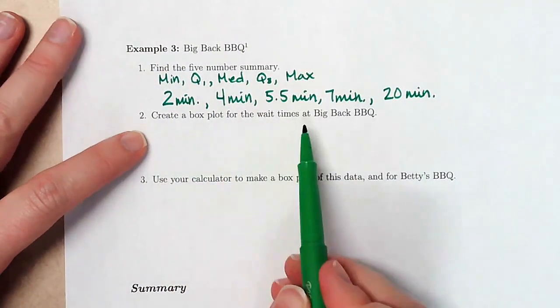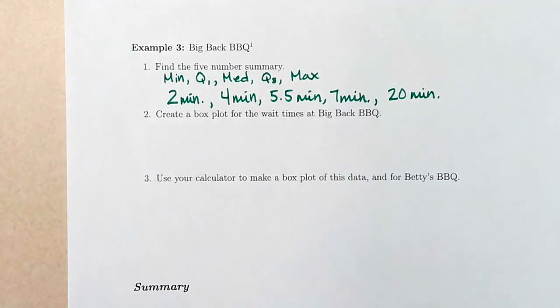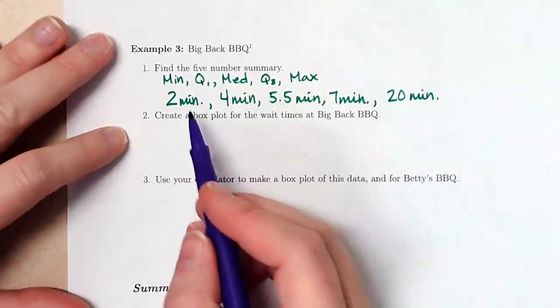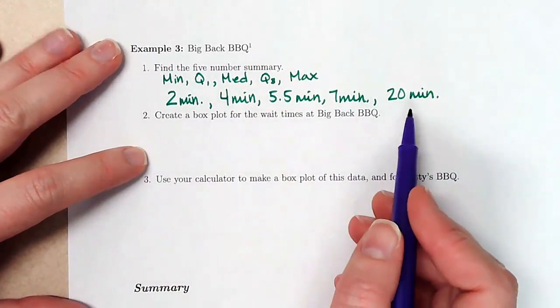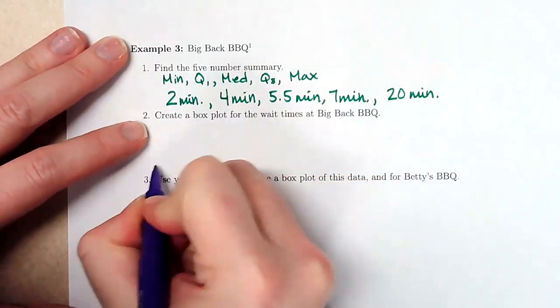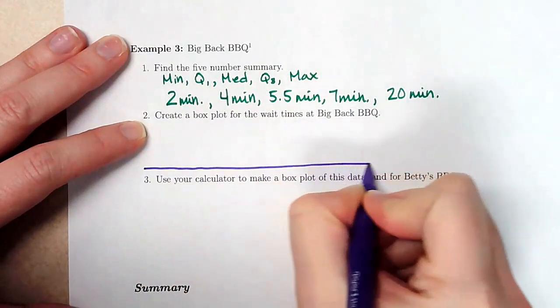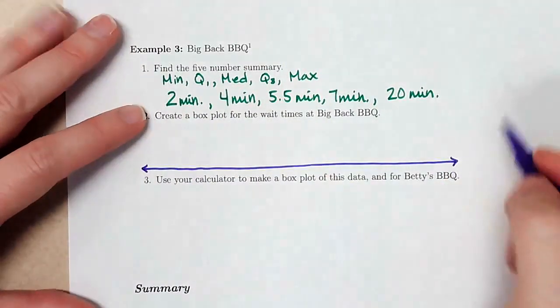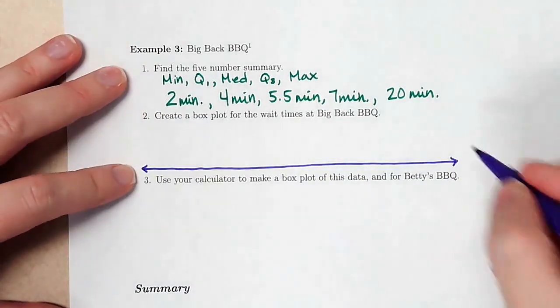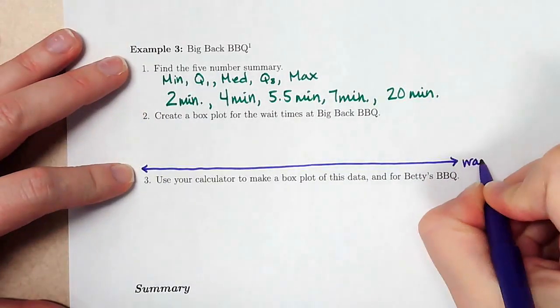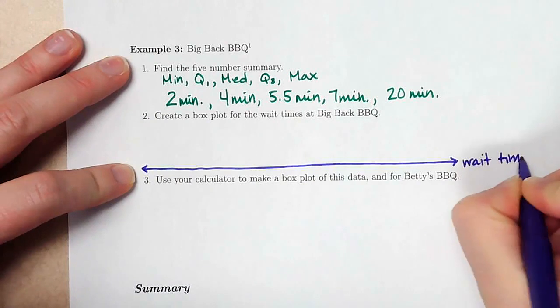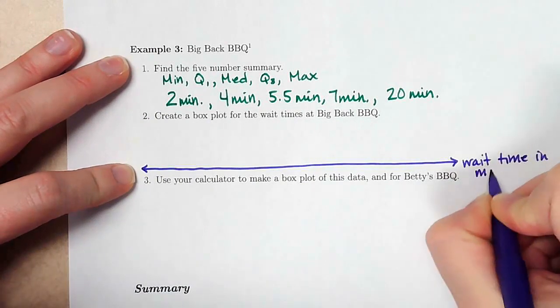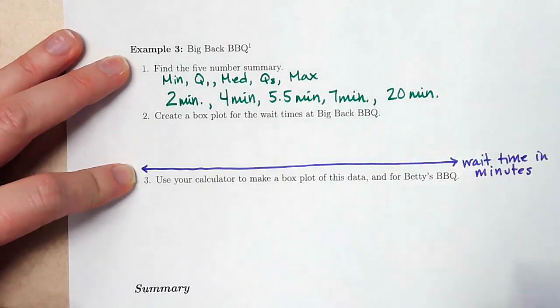Create a box plot for the wait times at Big Back Barbecue. You bet. Absolutely. Has to go from 2 to 20 minutes. Okay, so my first step is to create a line and label this wait time in minutes.